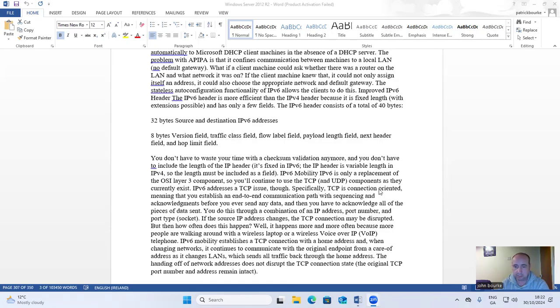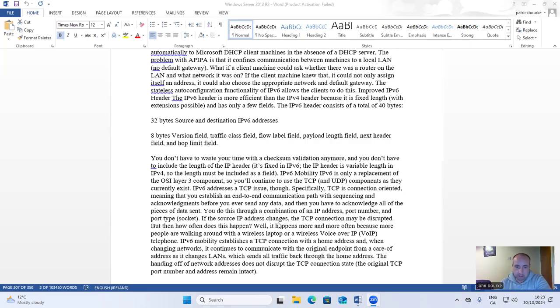Specifically, TCP is connection oriented, meaning that you establish an end-to-end communication path with sequencing and acknowledgements before you ever send any data, and then you have to acknowledge all of the pieces of data sent. You do this through a combination of an IP address, port number, and port type socket.